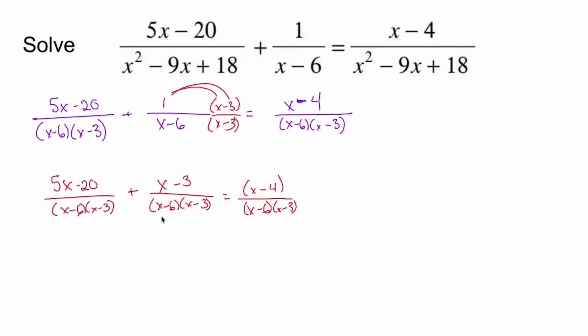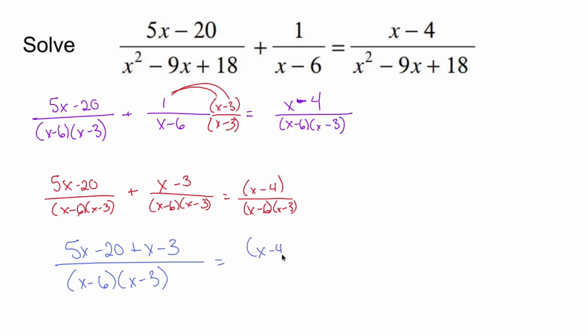Now that you have the same exact denominator, we are allowed to add these up. So 5x minus 20 plus x minus 3 all over x minus 6, x minus 3. That's going to equal x minus 4 over x minus 6, x minus 3.